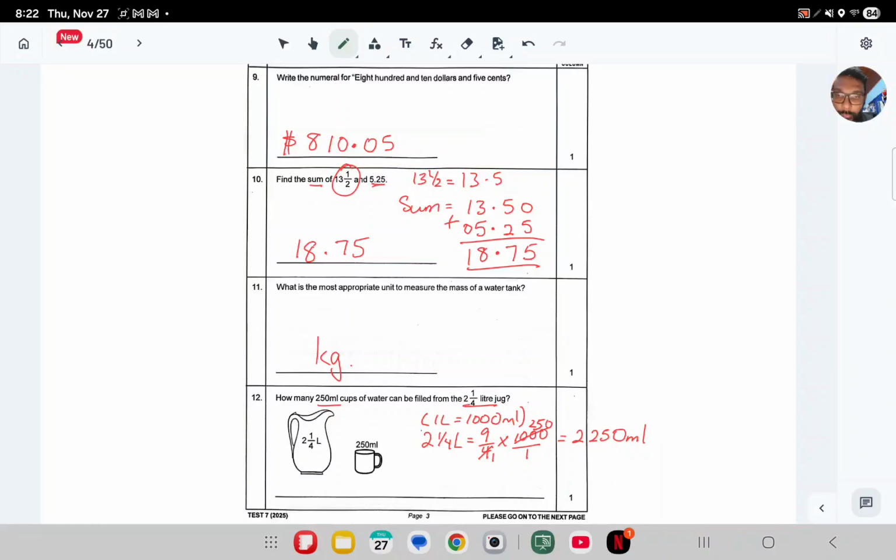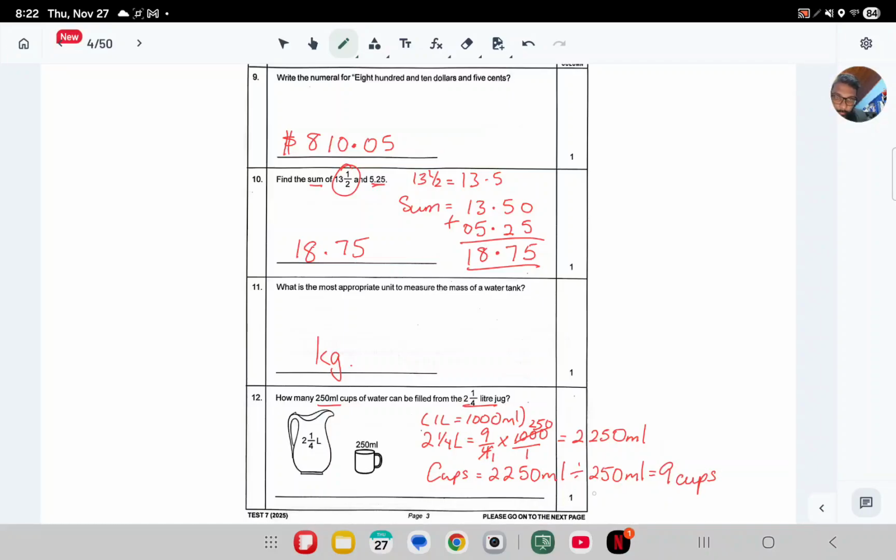We have cups now, that is 250 milliliters. They want to know how many of those cups we could get filled. So to calculate the number of cups from the total, which is 2250 milliliters, we divide that by 250 milliliters, and that will leave us with 9 cups.